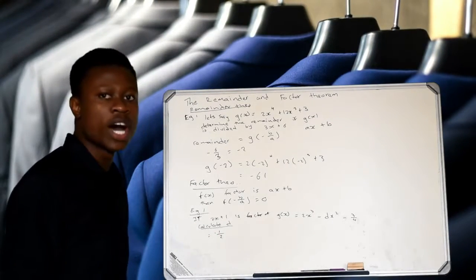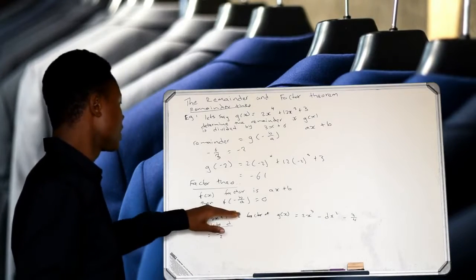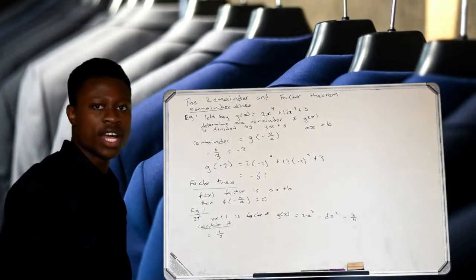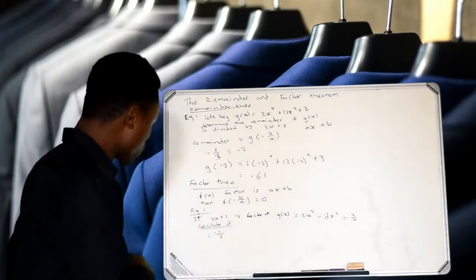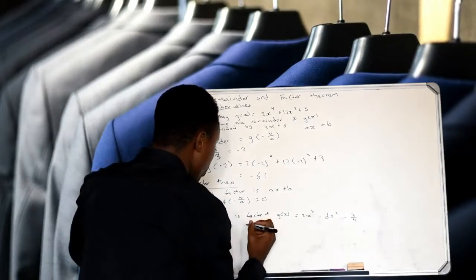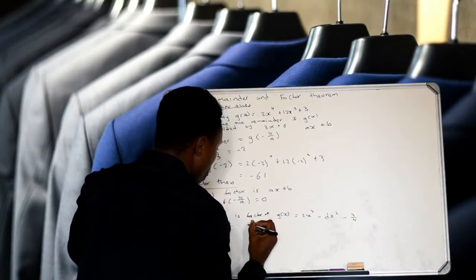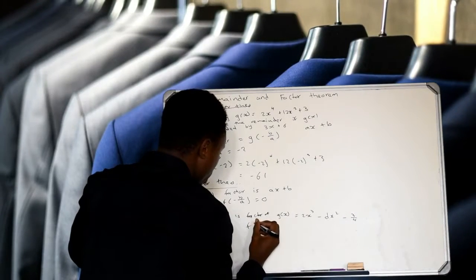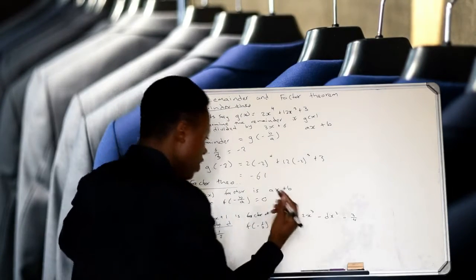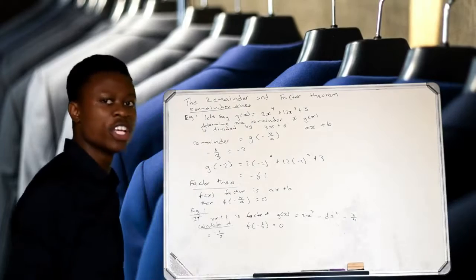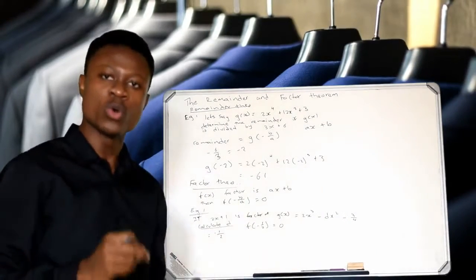So now I substitute this as it says here. Since they said it's a factor, this rule applies. So I'll say f of negative half is equal to 0. I already know, they told me it's a factor, so I know it's going to equal 0.